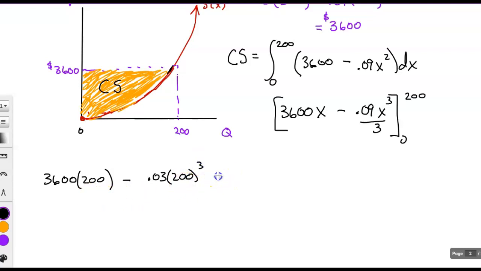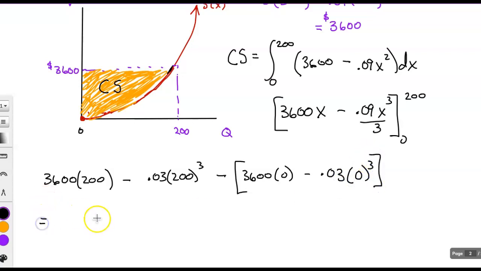So that's upper minus lower. That's going to zero out, but I'll write it out. Oops, I'll use the 3. And if you do the math on this, you end up getting $480,000. So I called it consumer surplus.